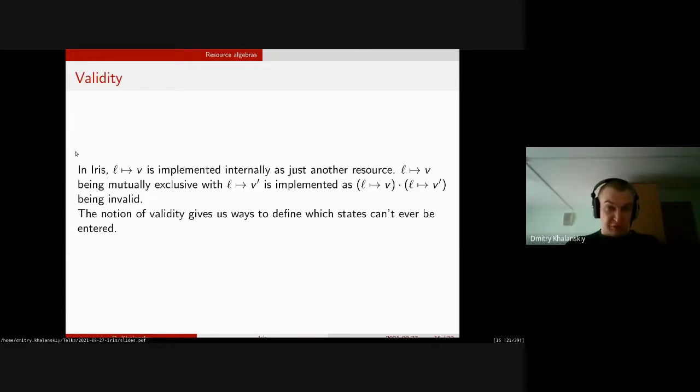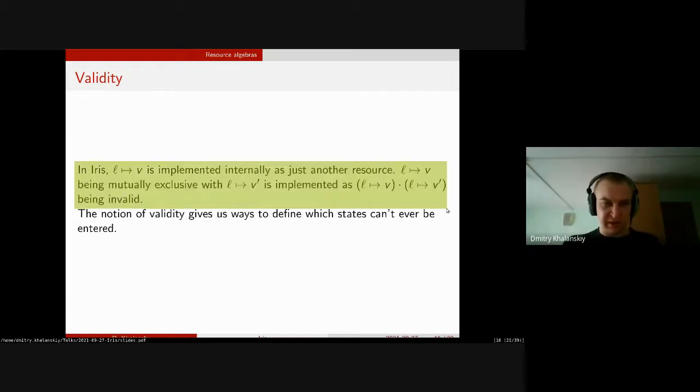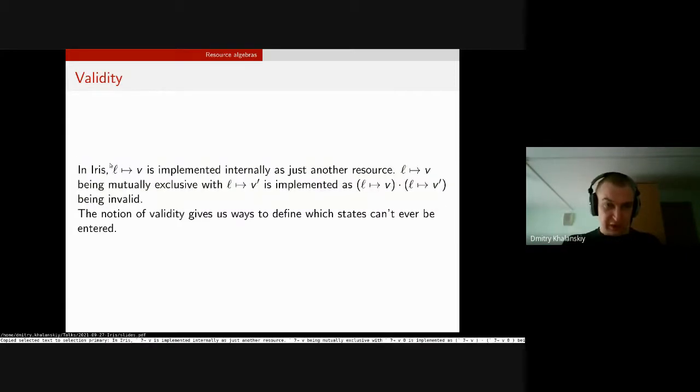Now, the intuition behind validity can be probably shown with this example. Internally in Iris, the points to connective is implemented as just another resource.